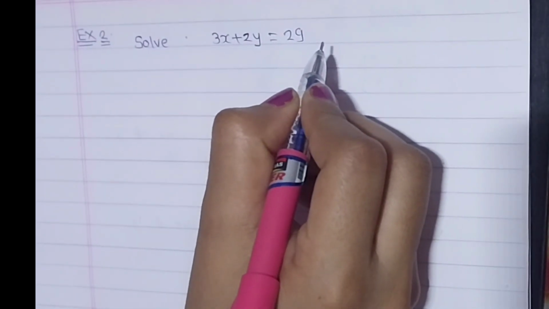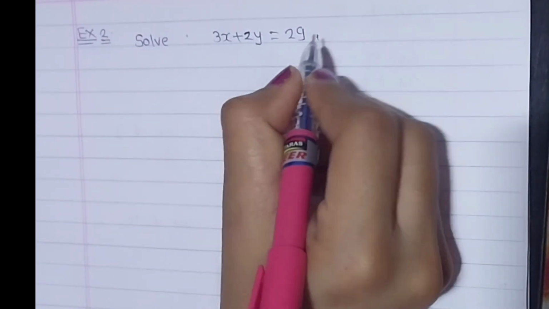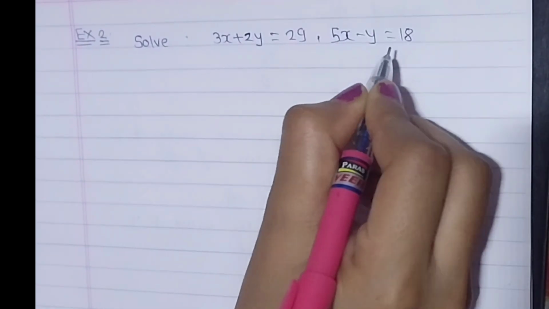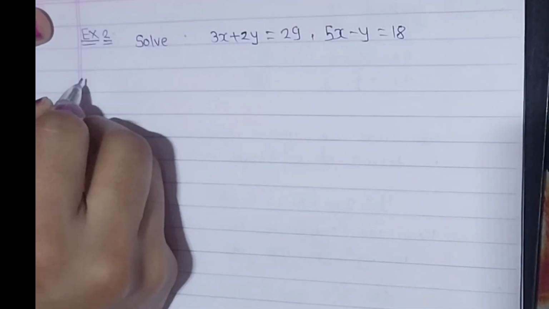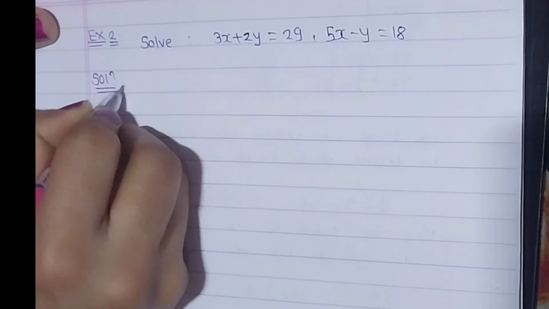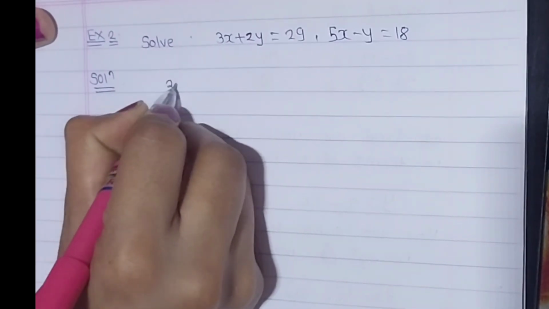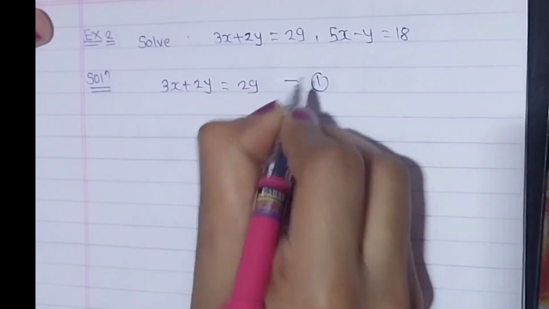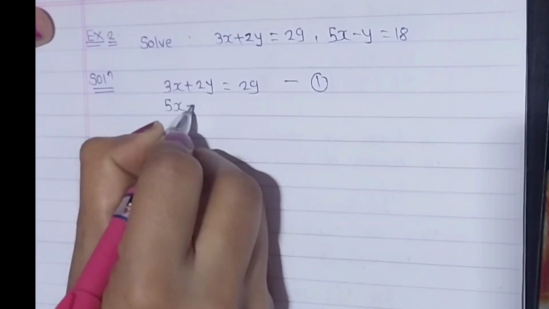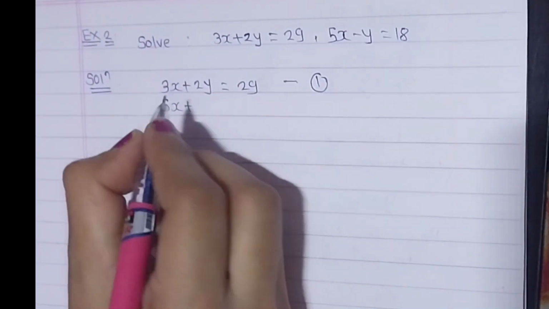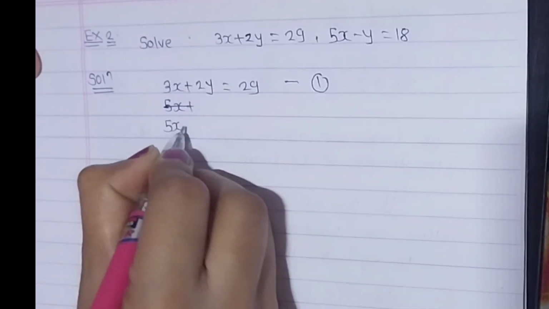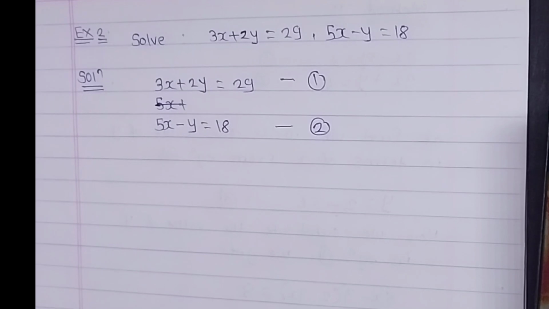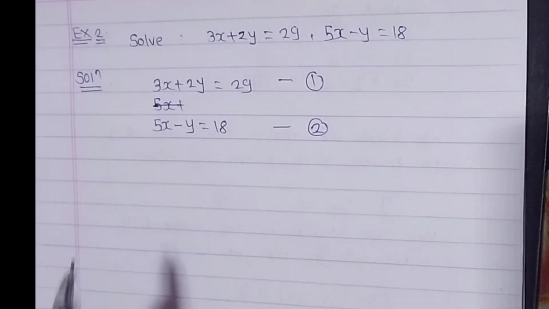Solve the given equations. 3x plus 2y is equal to 29, and the second equation is 5x minus y is equal to 18. For the solution, we first write the given equations. 3x plus 2y equal to 29 is number 1, and 5x minus y is equal to 18 is equation number 2.